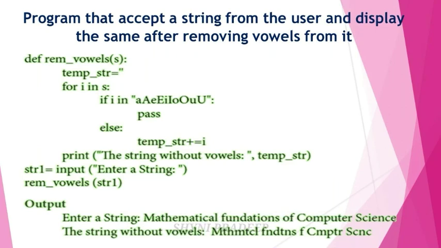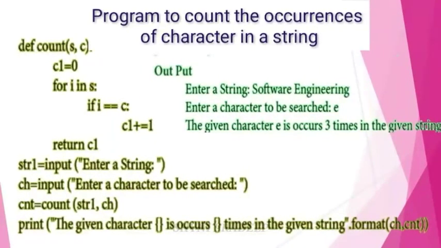Okay, next see the program to count the occurrences of a character in the string, which means you are entering one character. The given character occurs how many times in the given string. That is the output.